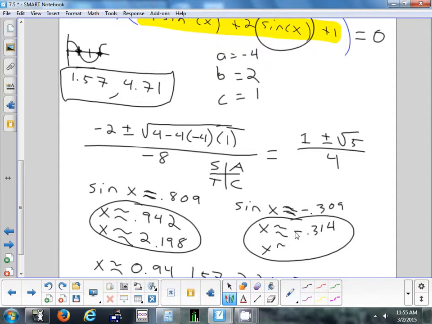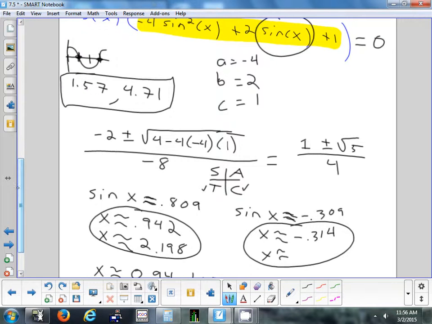And now there's 2 quadrants where sine is negative. Quadrants, so we can see it, that's negative 0.314. Quadrants 4 and 3. Negative 0.3, that's an answer in quadrant 3. 4, sorry, that's quadrant 4.